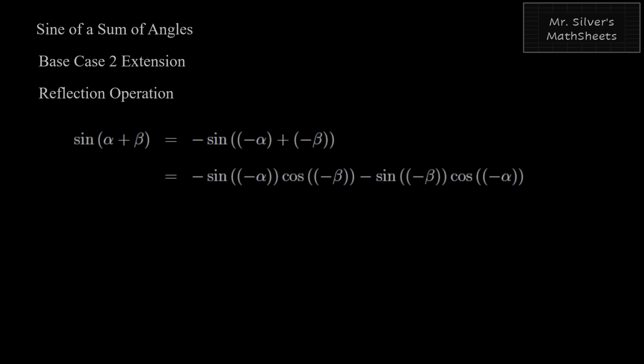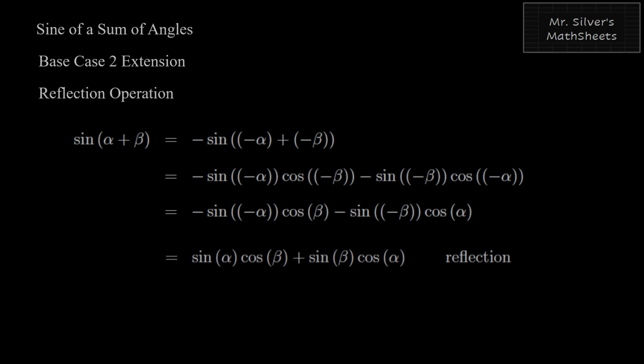I could use my sine alpha, cosine beta rule on those negative reflected angles, and then I can use the fact that cosine of a negative angle is just the same as the cosine of the angle. And then I use the fact that sine of a negative angle is minus the sine of that angle. And the minus signs cancel. And I just get the sine alpha, cosine beta, etc.